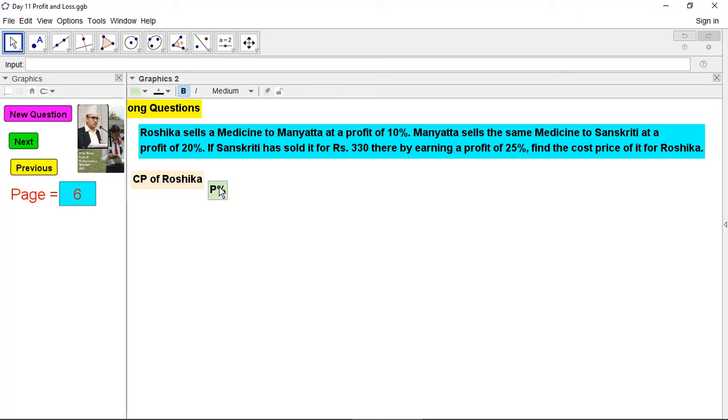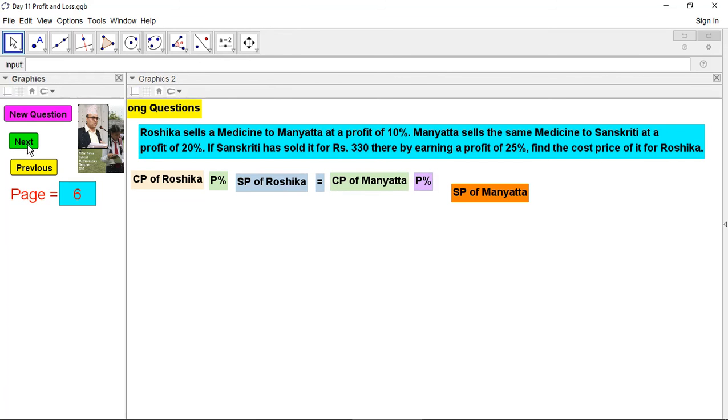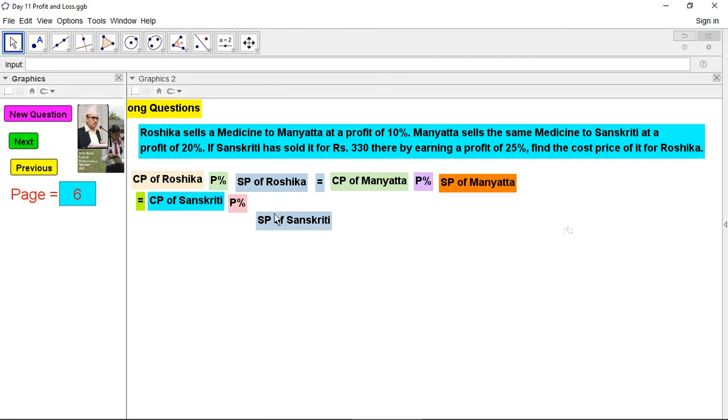CP of Roshika is not given, and then profit percent of Roshika, then goes to SP of Roshika, which is equal to CP of Manyata, and then profit percent of Manyata, next selling price of Manyata, which is equal to cost price of Sanskriti, then profit percent of Sanskriti, then selling price of Sanskriti, which is equal to 330.